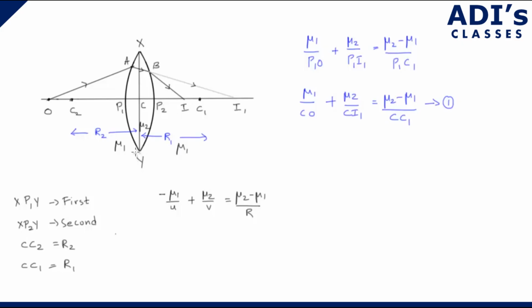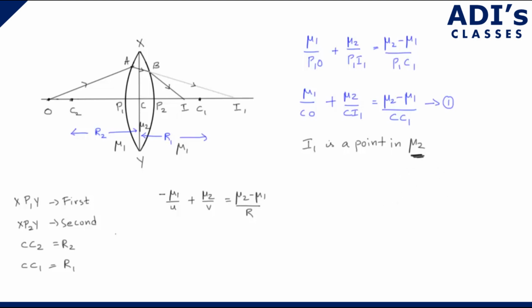So the ray of light is coming from the virtual object and making I as the actual image. Now remember I1 is a point in the second medium, right? It's in the second medium, so that's very, very important. So we'll write I1 is a point in mu2. Okay, so this mu2 is very important.